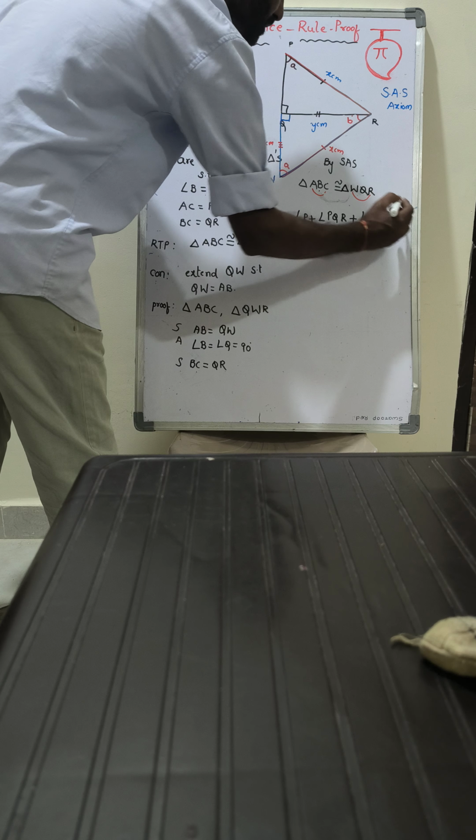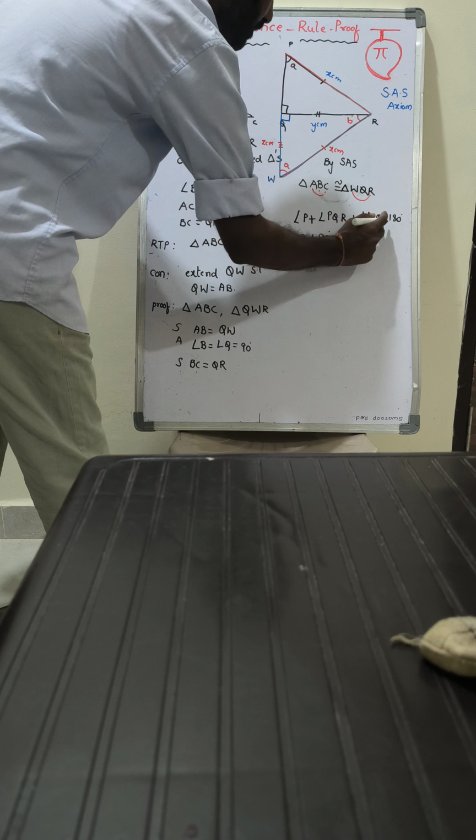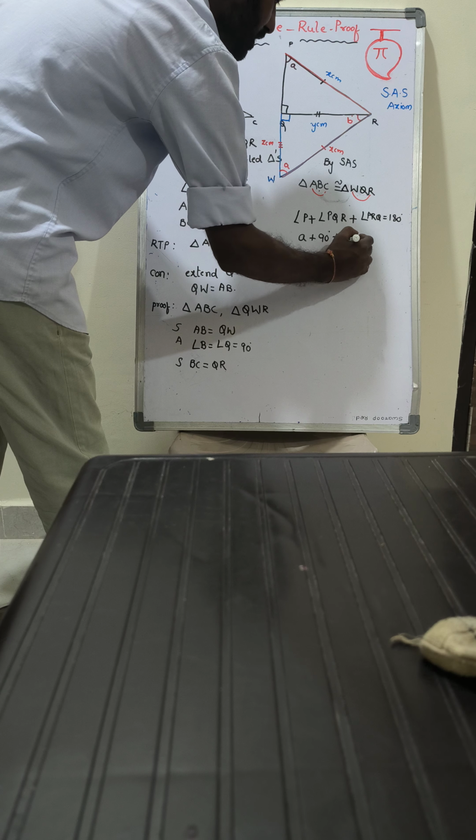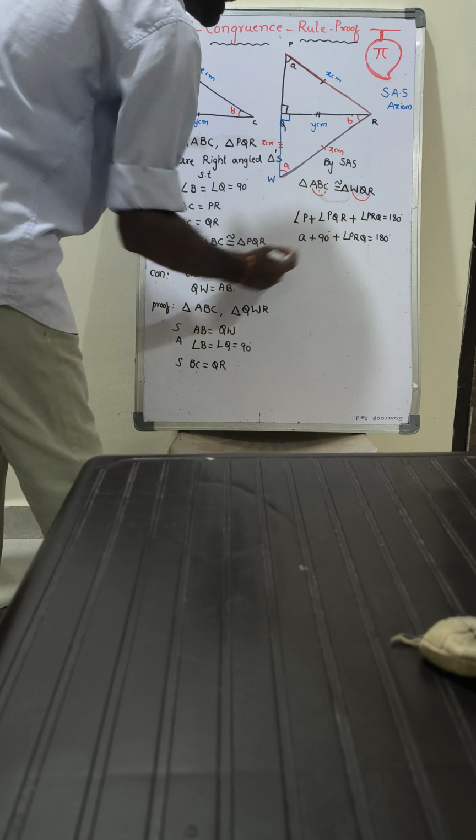Now angle P is equal to A, angle PQR is 90 degrees, plus angle PRQ is equal to 180 degrees.